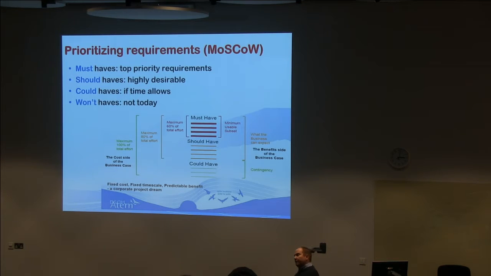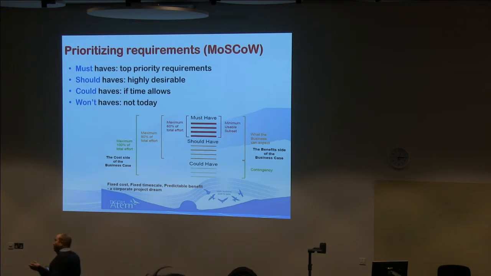Many software development project management methodologies use the MoSCoW approach, where every requirement is given a must-have, should-have, could-have, or won't-have prioritisation. Okay? In principle, you're supposed to classify a maximum of 60% of them in this bracket, a maximum of 80% of them in this bracket, and obviously most of them should be 100%.